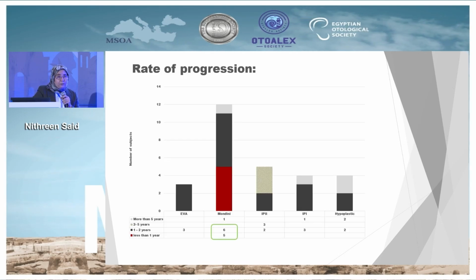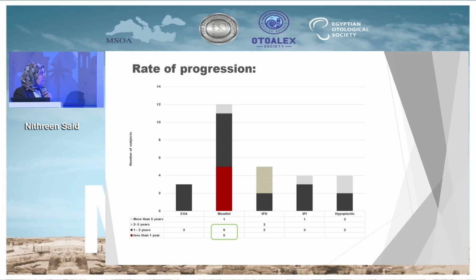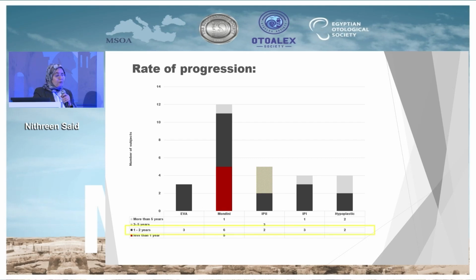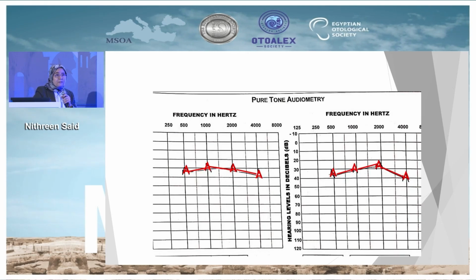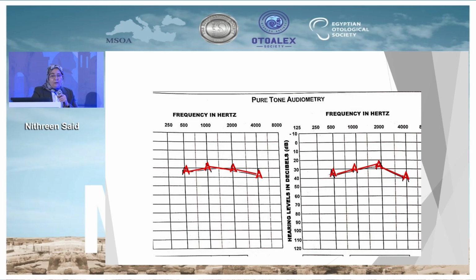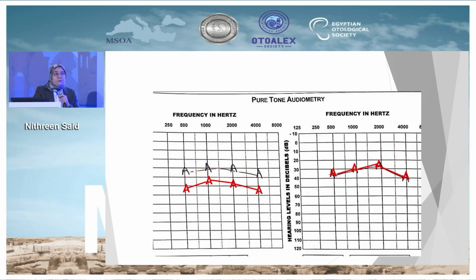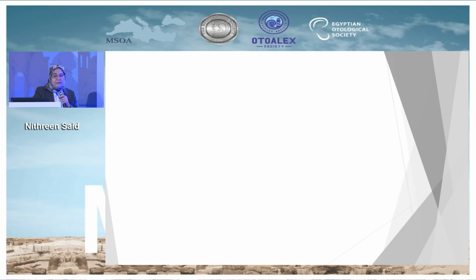The rate of progression to profound hearing loss and candidacy for implantation was very fast for Mondini. It was the fastest progression. Many of them progressed within less than 1 year, and for most other anomalies, they progressed in the first 1 to 2 years. This fast rate of progression highlights the importance of close follow-up to discover the drop of hearing as early as possible.